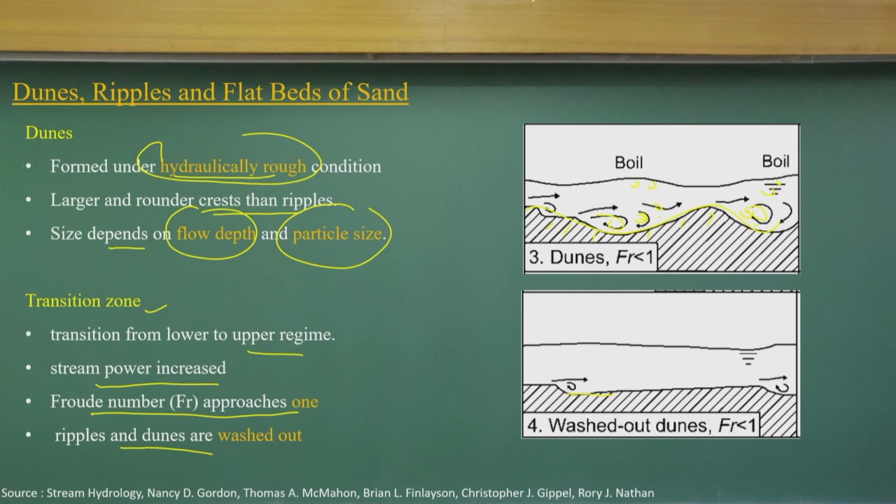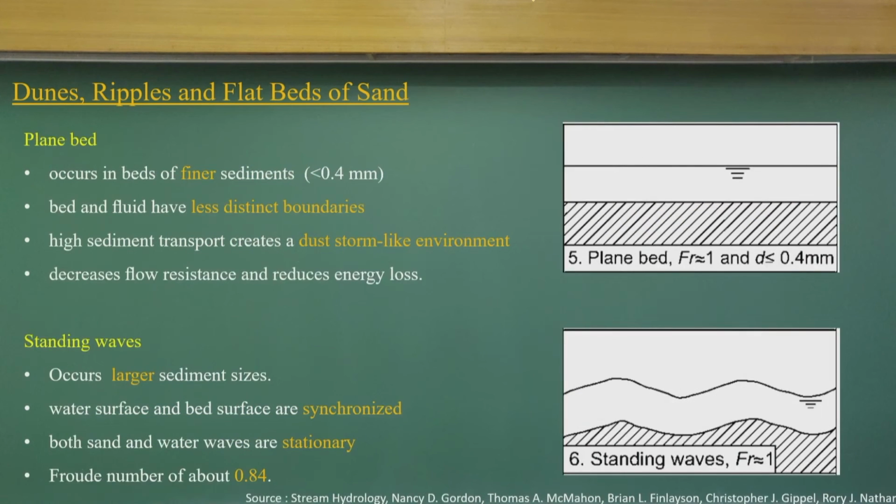Now, if you look at the next one, again this plane bed surface, when the flow Froude number is closer to 1, you will have plane beds, when D is much smaller than 4.4 mm. If not, you can have standing waves, where the shape of the sand wave and the water wave are the same.